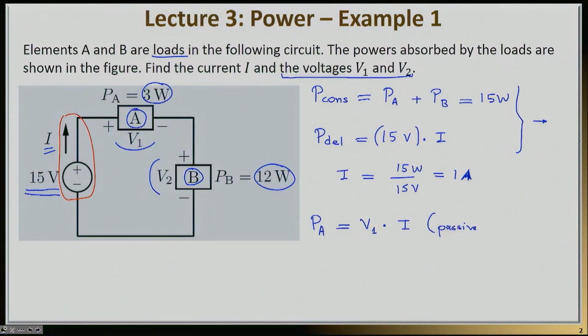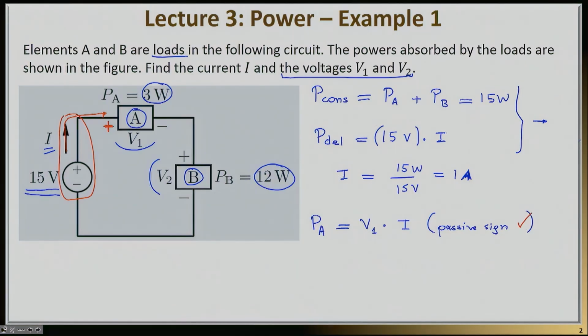Because if I don't, then this V times I is not equal to my consumed power. It would have been equal to the delivered power. So let me check the schematic. Is my load A in the active sign or the passive sign? The current I flows through this load from its positive terminal. So indeed, I have passive sign convention.